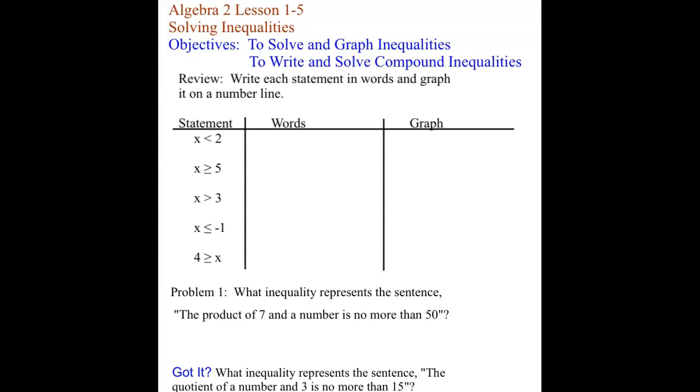So the first one here would be read x is less than 2. So if we think about a number line, we want our numbers to be less than 2.